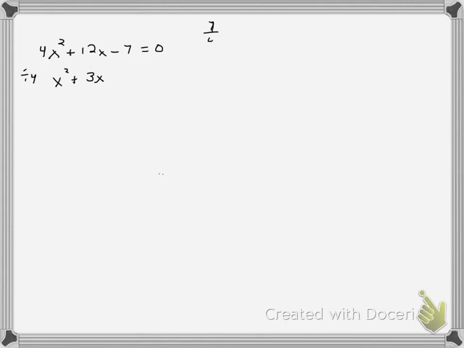Make that a decimal instead, and that would be 1.75. Pull that to the right side of the equation. Complete the square. Half of 3 is 3/2, which, again, I'm going to write now in decimal form, 1.5. Squaring 1.5, I'm going to get 2.25.